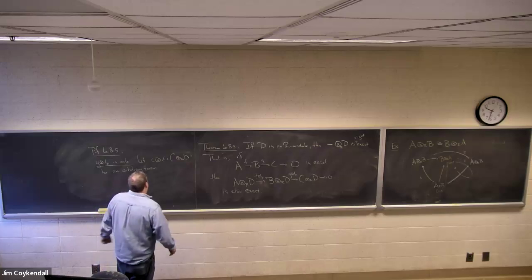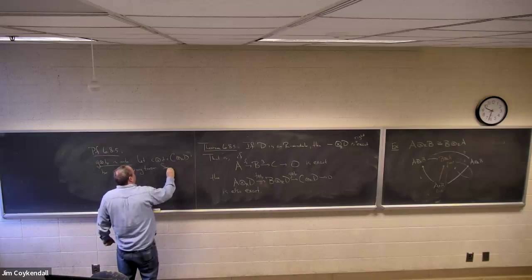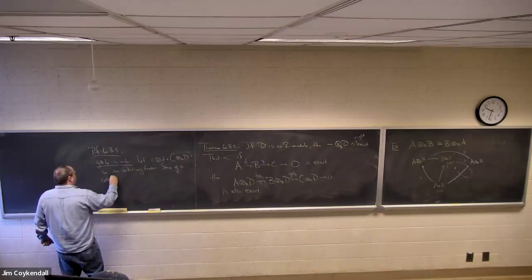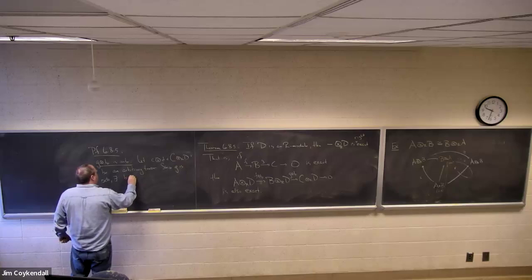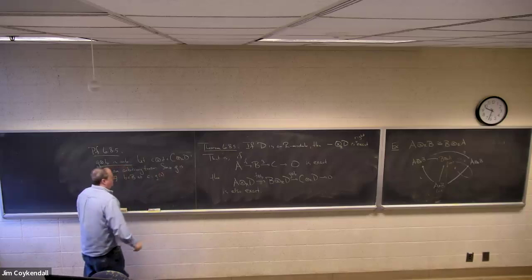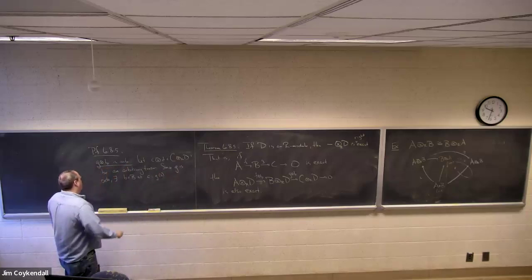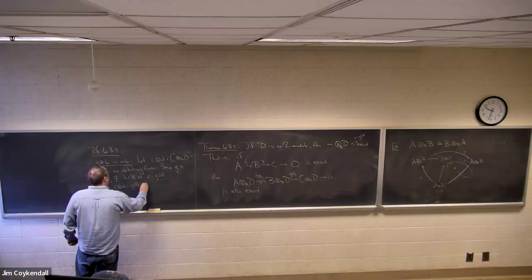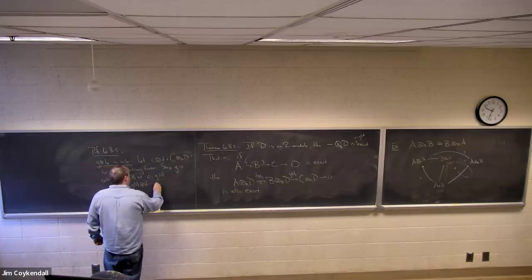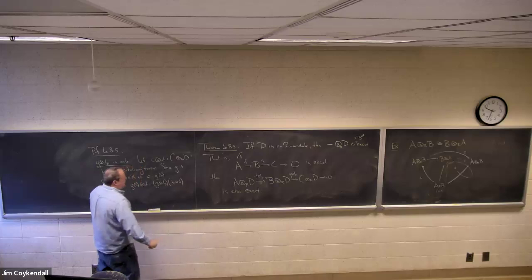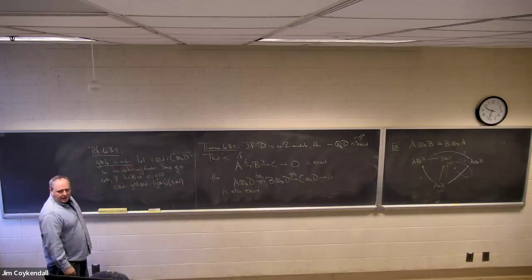G is onto, so there exists B such that C is G of B. So C tensor D is G(B) tensor D, which is G tensor 1D operating on B tensor D.